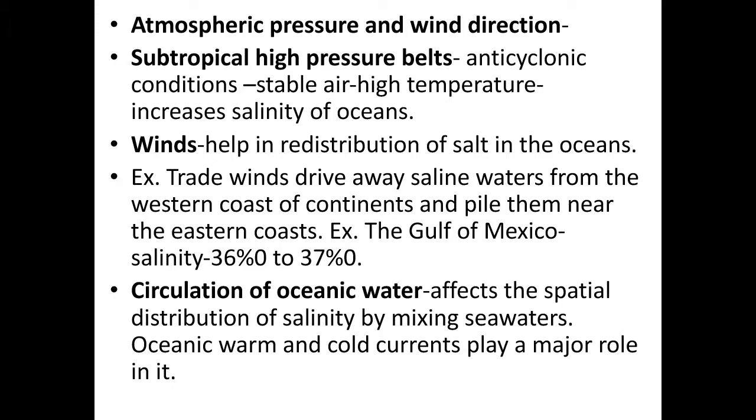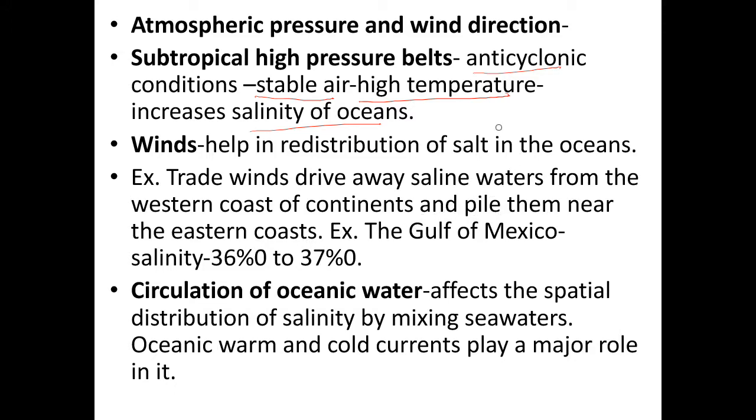Atmospheric pressure and wind direction. Subtropical high pressure belts have anticyclonic conditions. Because of that, there will be stable air in those regions, and high temperature increases the salinity of oceans. Winds also help in redistribution of salt in the oceans. Example, trade winds drive away saline water from the western coast of continents and pile it near the eastern coast.